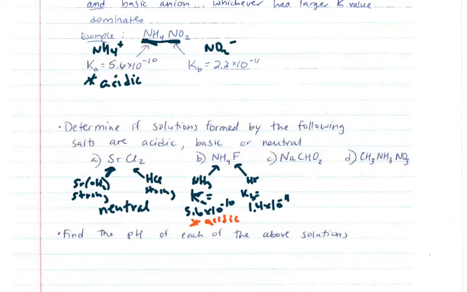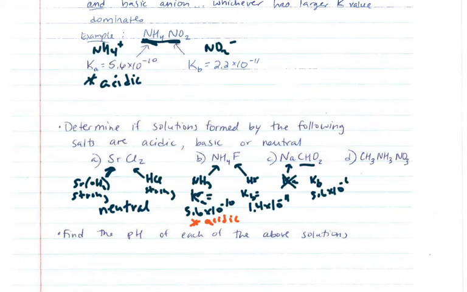This third one, part C, sodium comes from sodium hydroxide, which is a strong base. So it does not have a Ka. It is totally neutral. And the CHO2 minus, if we look up the Kb on the table, it is 5.6 times 10 to the negative 6.